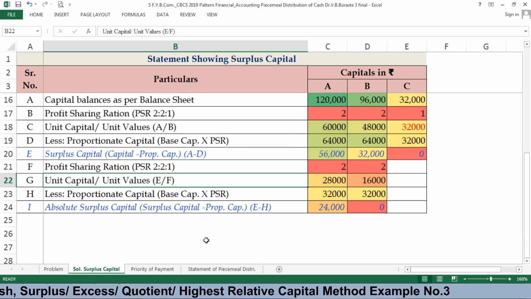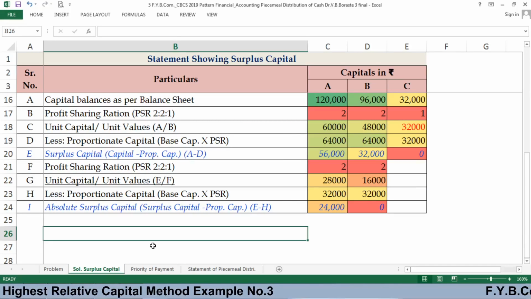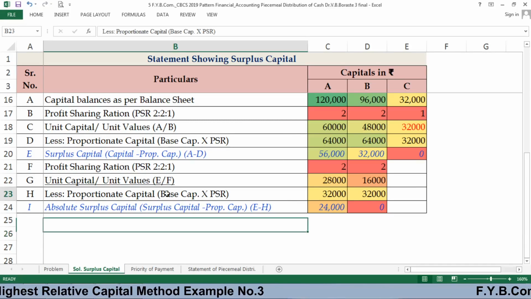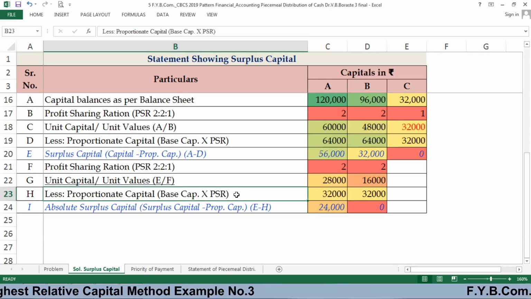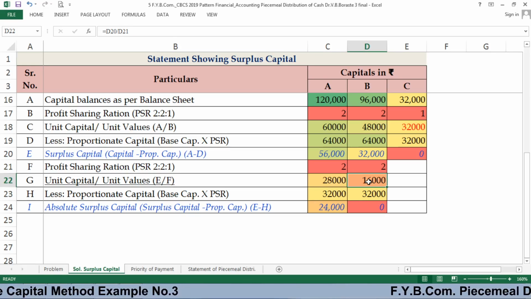Now you can see here the proportionate capital. Proportionate capital is base capital into profit sharing ratio. So here we are going to consider the minimum amount as the base capital. In this case, the base capital will be 16,000. Why? Because it is the lesser amount and we can consider it as the base capital.